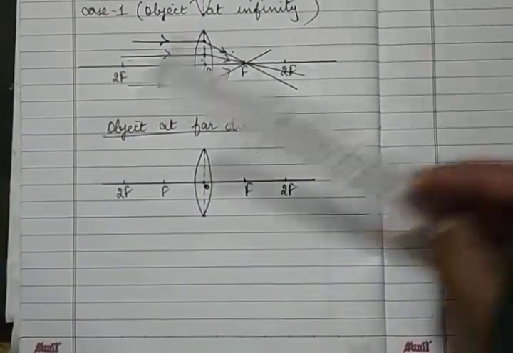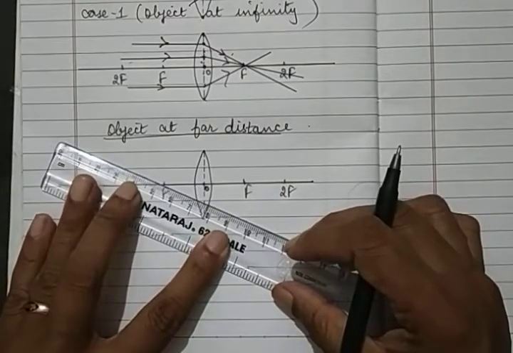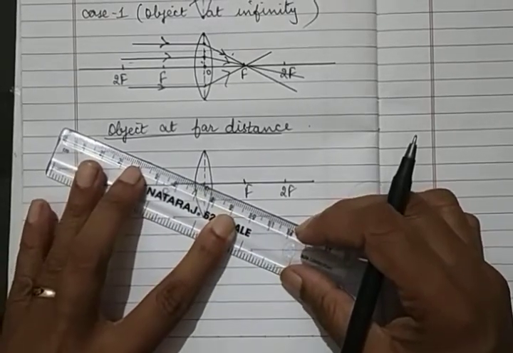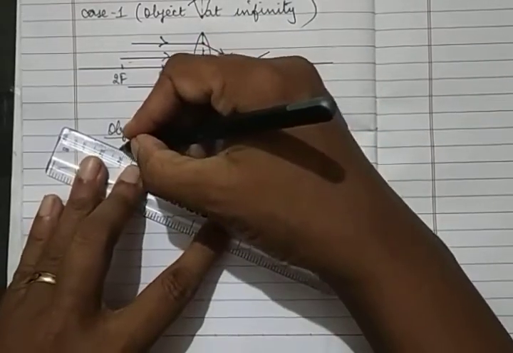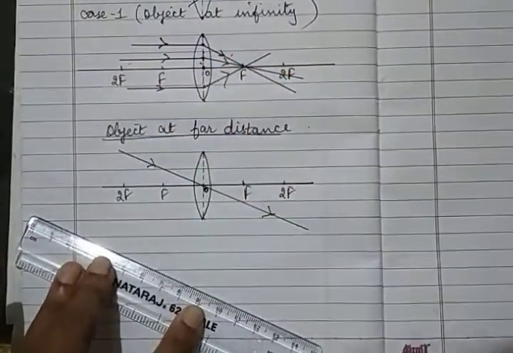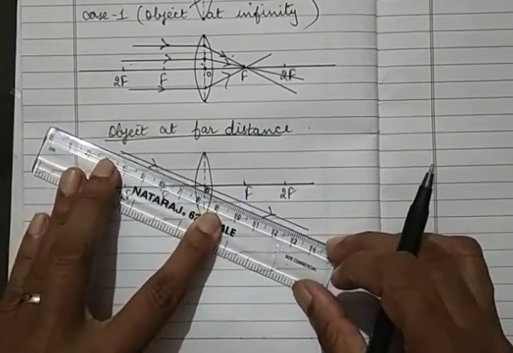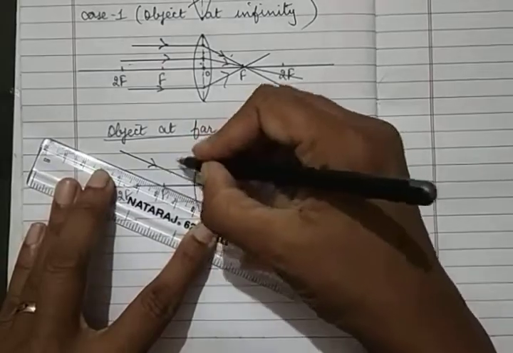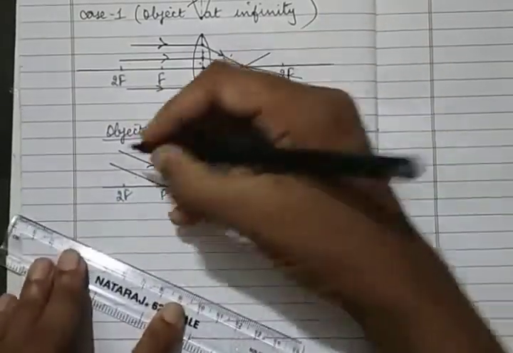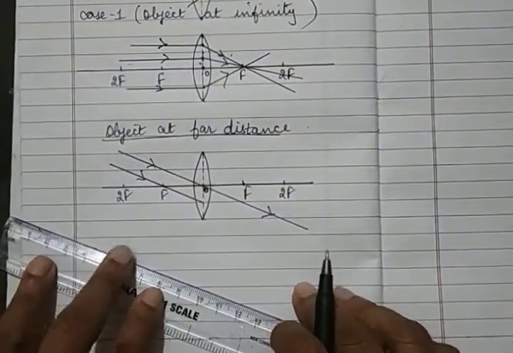So what I have to do is, I have to apply the rule, right? So one ray you take passing through O, it's going to go straight. Now, from this, you just take a parallel ray and make it pass through F. Now these are the two incident rays I am taking. Are you able to see the difference, children?